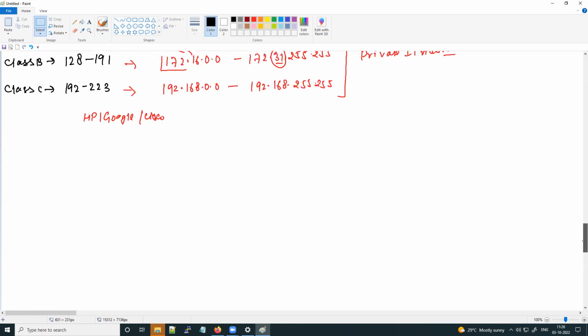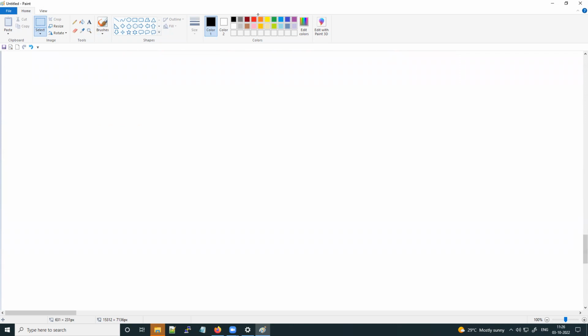So let's move next. So the class A IP address range is 1 to 126, with mask 255.0.0.0 and /8. Class B is 128 to 191, with 255.255.0.0 and /16.